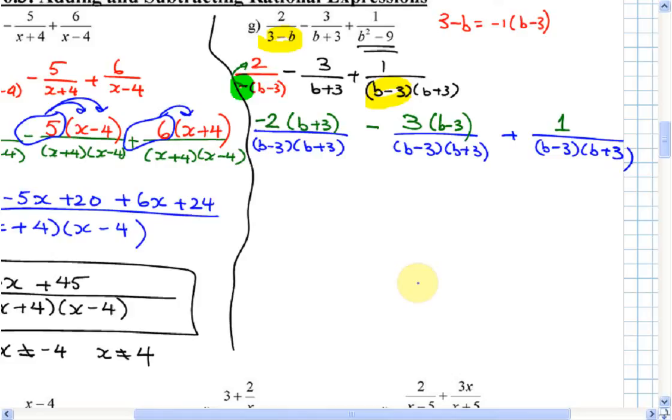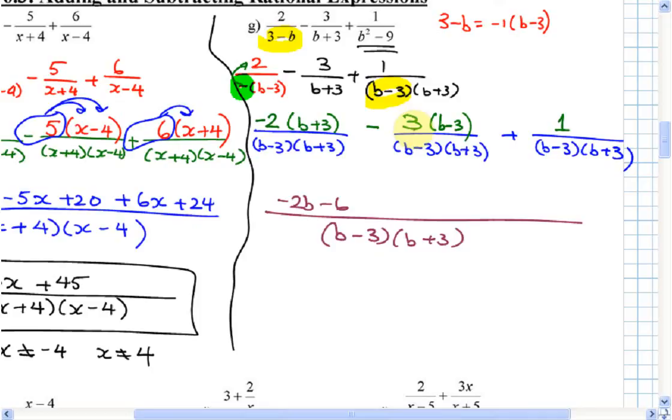All right, so go ahead now and combine them all together. Let's see what you get. -2b minus 6, -3b plus 9, plus 1. What's this equal to now? -5b plus 4, over b minus 3, b plus 3.